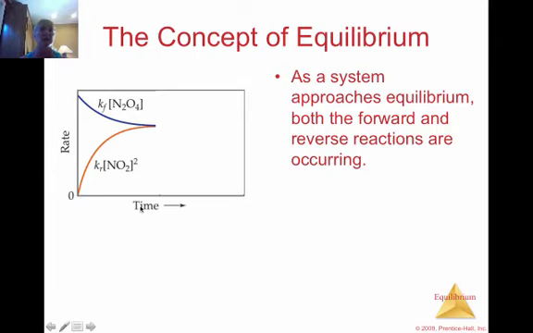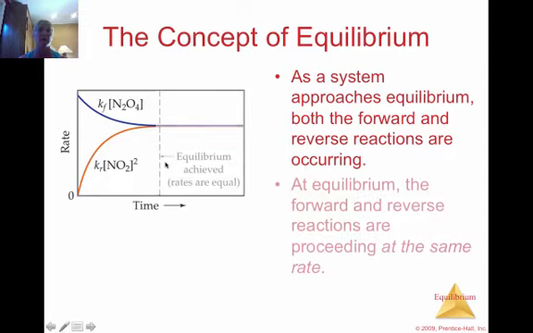Now really this is a time versus rate, but basically the reaction that produces the colorless N2O4 slows down and the reaction that produces the brown NO2 speeds up, but then they both reach a point where the forward and the reverse rates are occurring at exactly the same rate. And notice that the line goes flat, and at that point in time we have forward rate equal to the reverse rate, and we've achieved dynamic equilibrium.